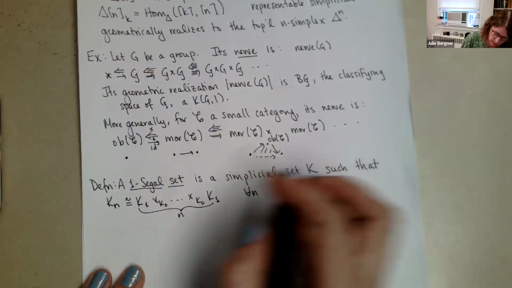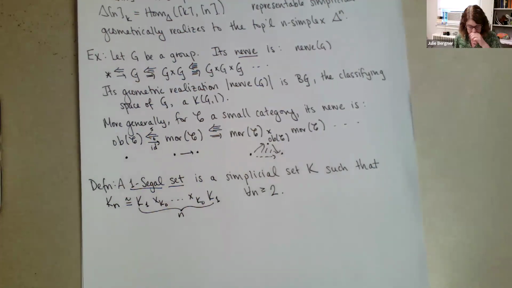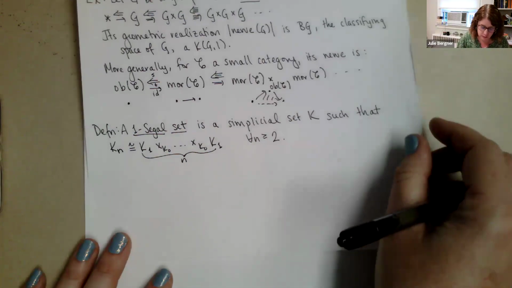And I want this isomorphism to hold for every n at least 2. It's going to hold when n equals 1 or 0 vacuously, so those are the interesting ones.